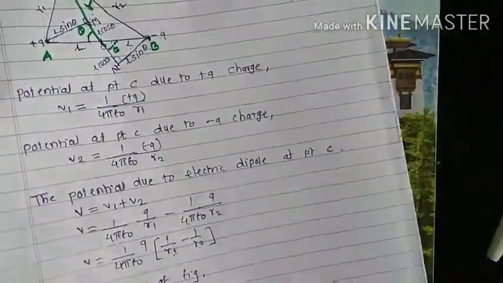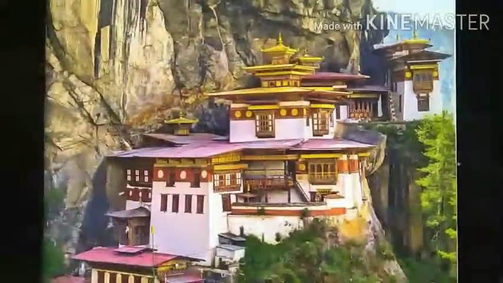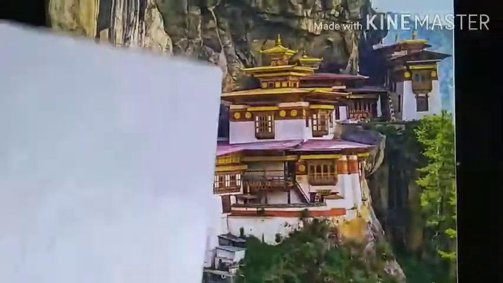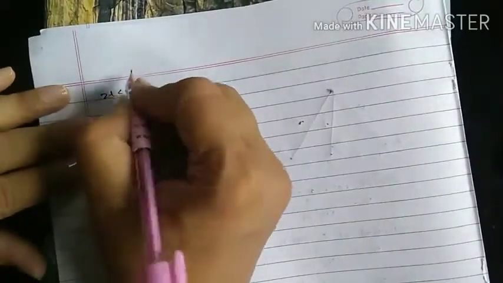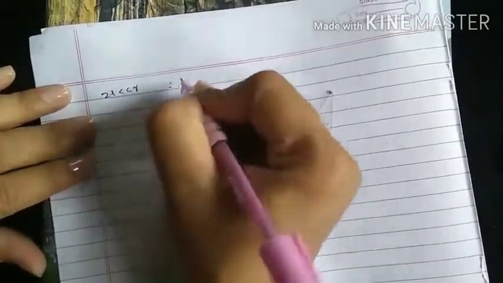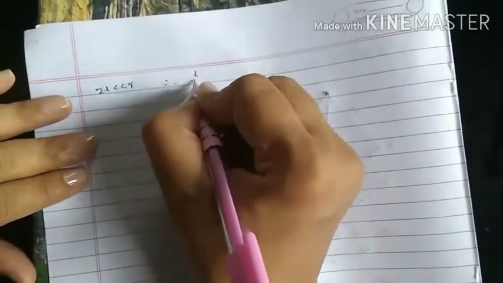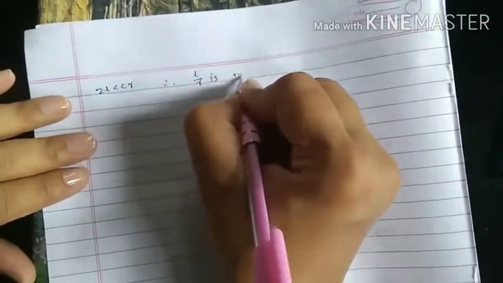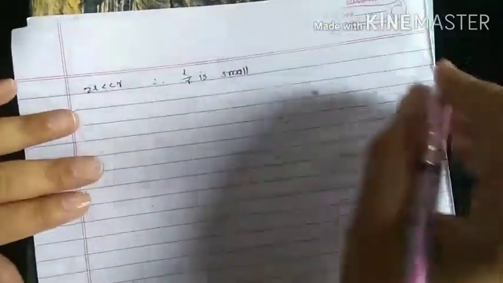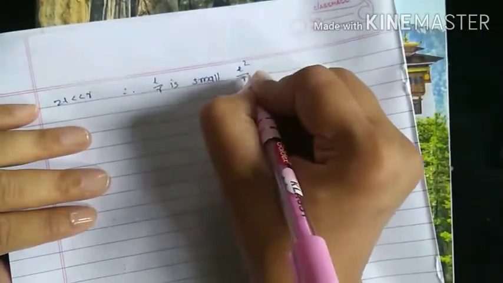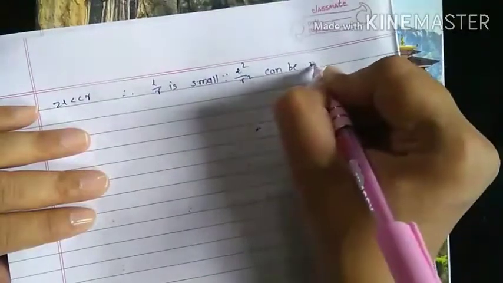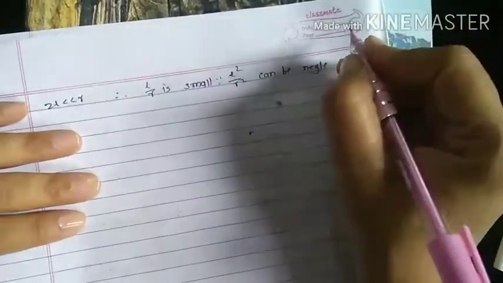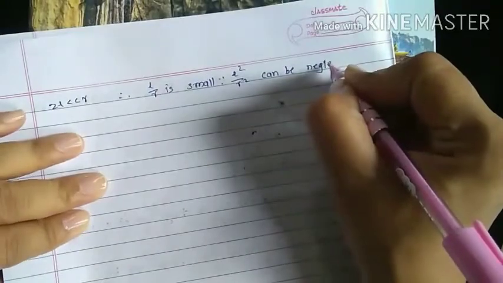Therefore, twice L is very less than R. Therefore, L by R is small, and hence L square by R square can be negligible, or neglected.